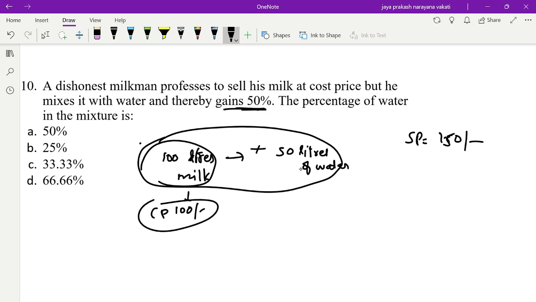So by mixing this 50 liters of water, he's selling for 150, and he's gaining how much? 50 rupees.